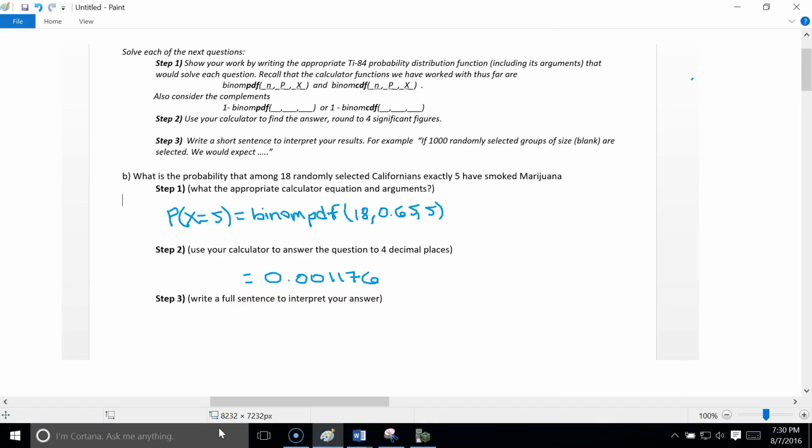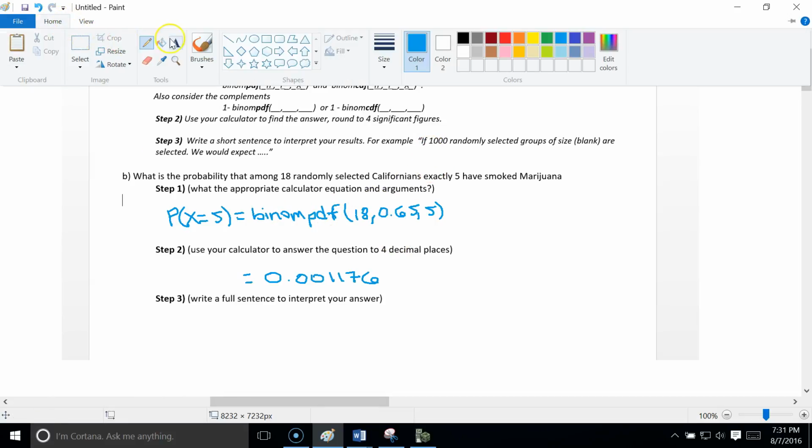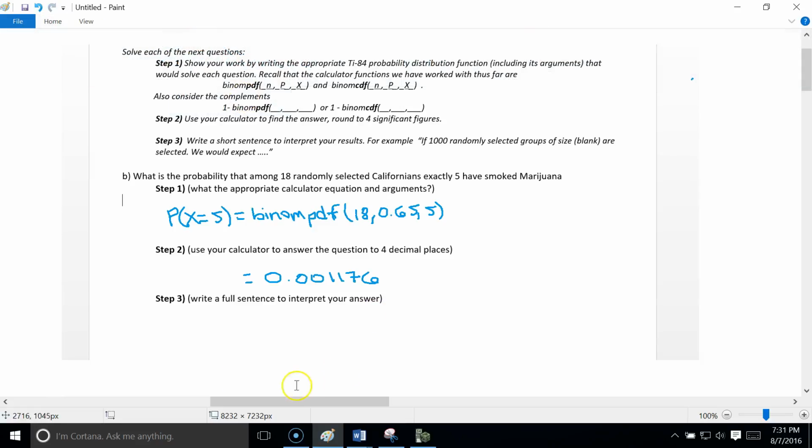Okay, so the probability is 0.001176. Now, a little sentence. I gave you an example before, so there are several good answers, but this is what I like best.